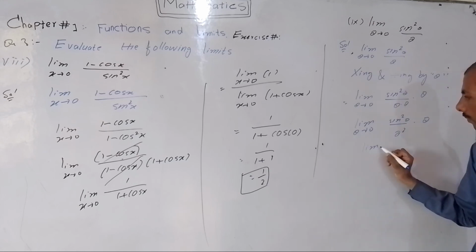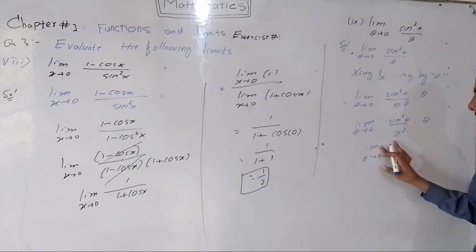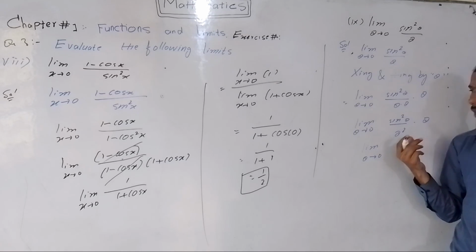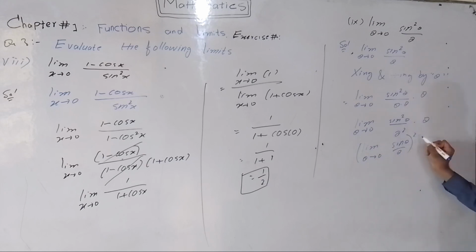Limit theta approaches 0, using the product rule of limits, that is sine theta over theta whole square dot limit theta approaches 0 of theta.